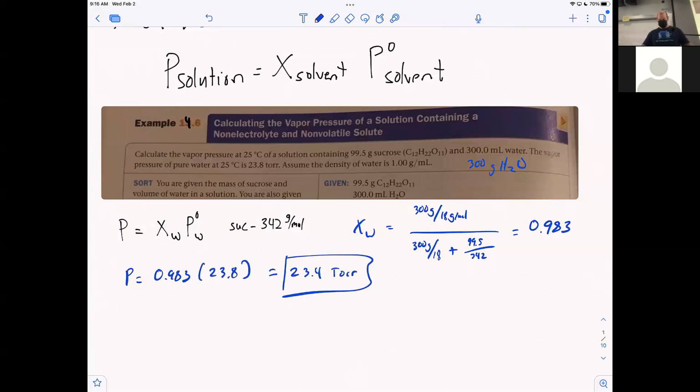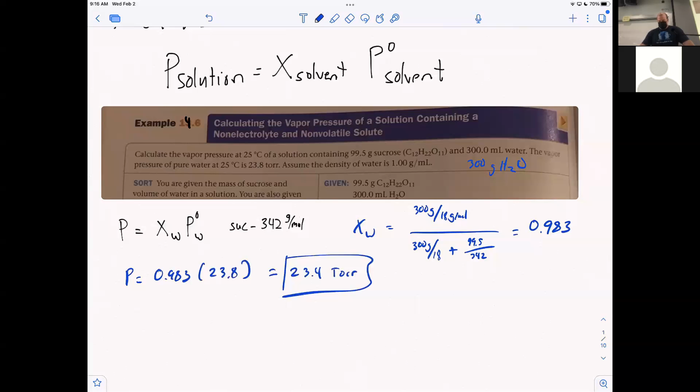So this is pretty straightforward though, right? The tricky thing is just calculating the mole fraction, remembering what the mole fraction is. And you can see for solutions the mole fraction of the solvent is oftentimes quite high.